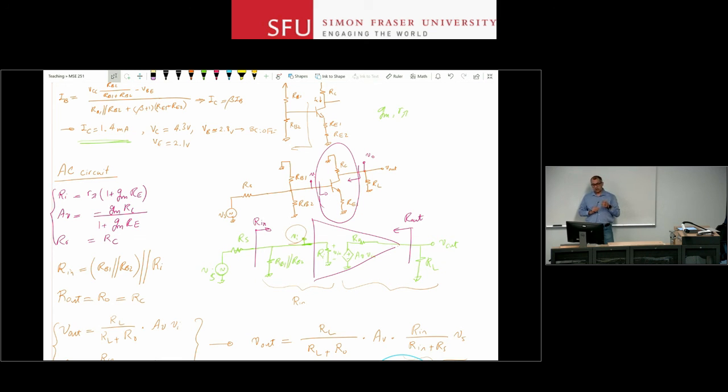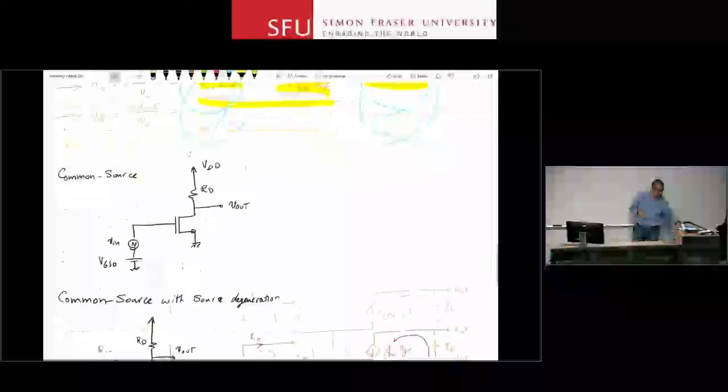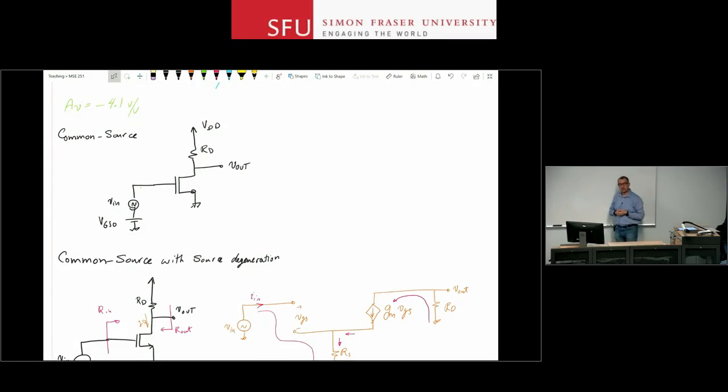So if I can break down the circuit into, let's say, biasing and load and the core stage, you can do that. When can't you do that? Well, if I put a resistor between, let's say, drain and gate here, then you cannot break that circuit back into this. There is a connection between the input and output that is not through your MOSFET.